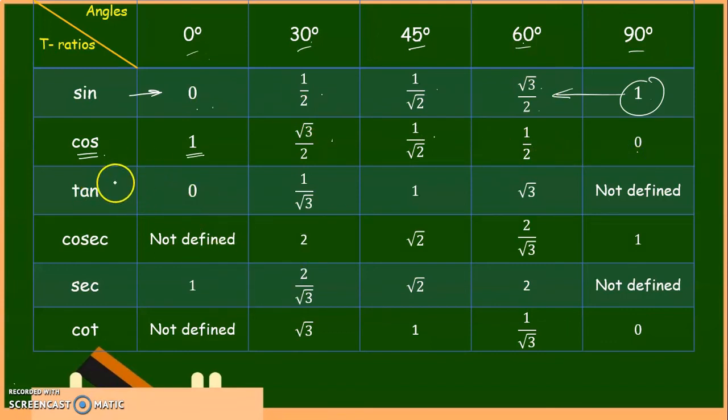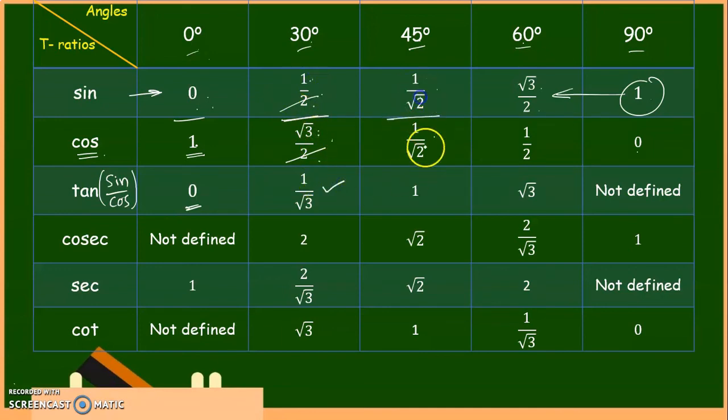Next, if you want to write for the tan, tan is the ratio of sin and cos. So just divide the values of sin and cos. Here if you divide 0 by 1, you get 0. So tan 0 is 0. Same way here if you divide 1 by 2 and root 3 by 2, this 2 will be cancelled out. So we get 1 divided by root 3.